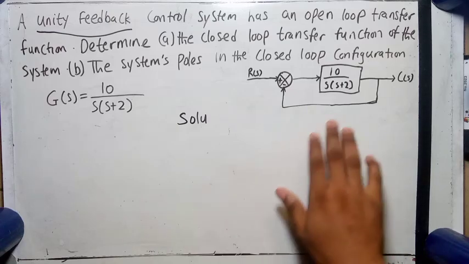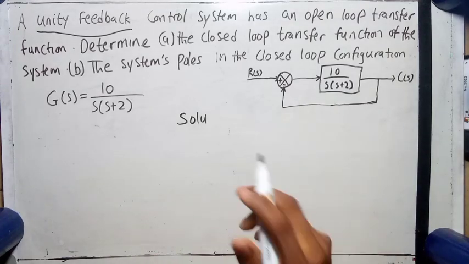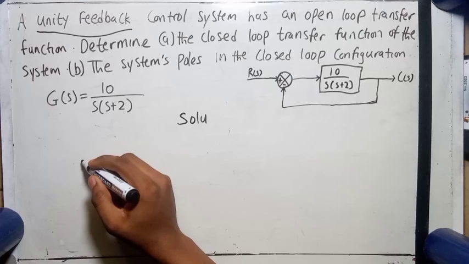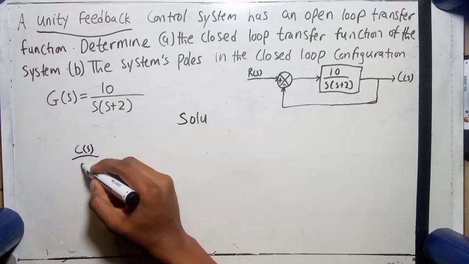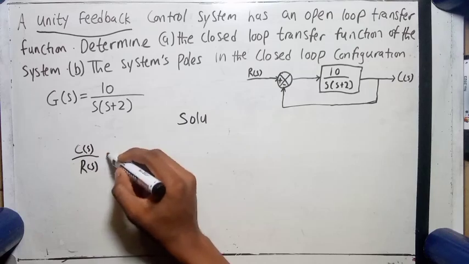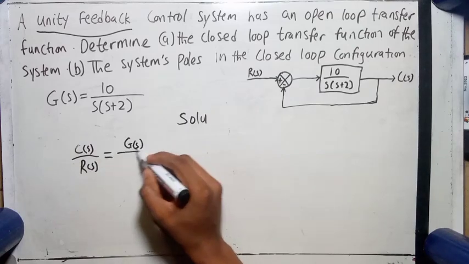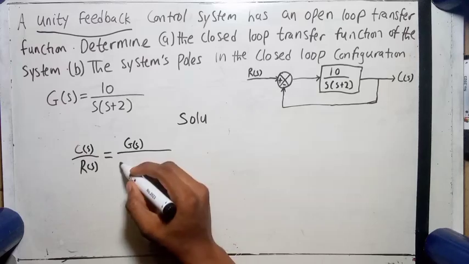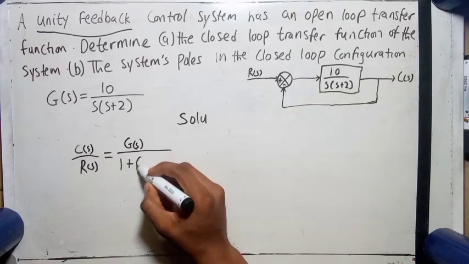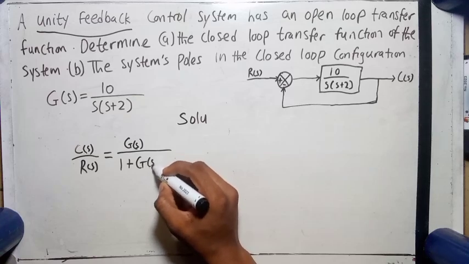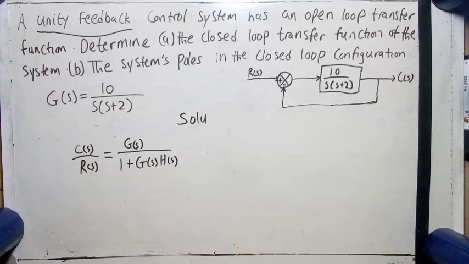We're going to be making use of our closed loop formula, which is that the ratio of C of S over R of S is given to you as G of S over 1 plus G of S H of S, your normal closed loop formula that we normally make use of. Since here is minus, here will be plus. We normally make use of this in our block diagram. So this is the formula we are going to be making use of.